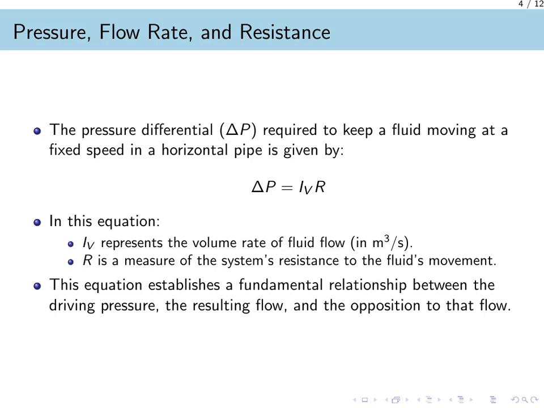For instance, to push water through a long, narrow garden hose, you need a greater pressure difference than for a short, wide one, because the long, narrow hose has a higher resistance. The essential idea is that the required pressure push is proportional to both the flow rate and the resistance.